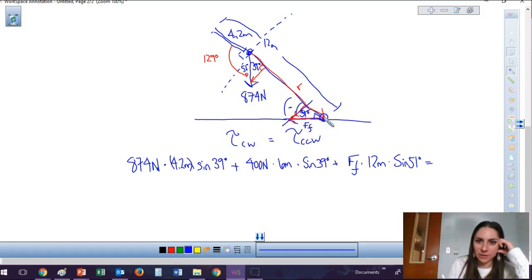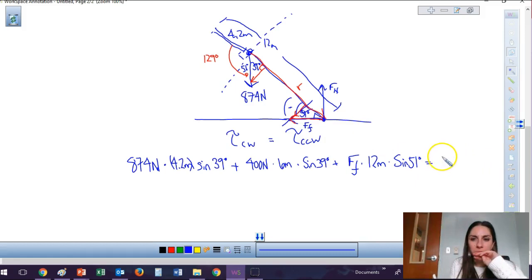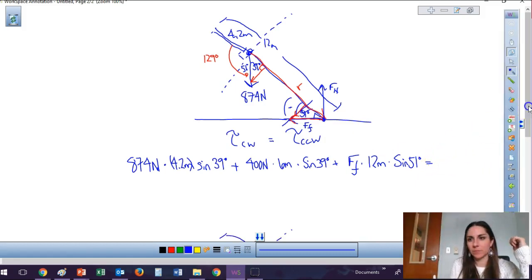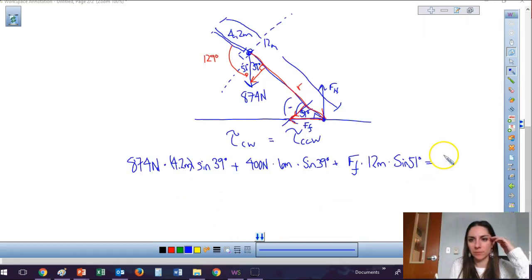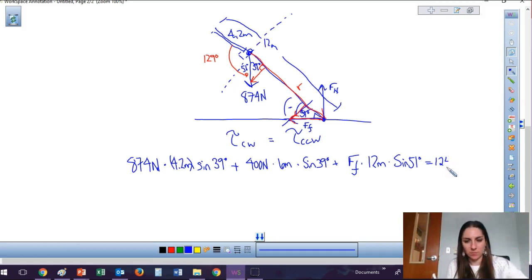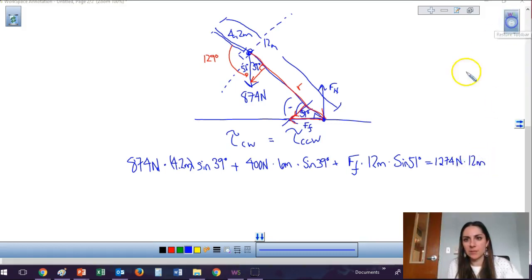Now we have to do the counterclockwise force, which is this one, the normal force, right? We got that from the previous problem, actually. So that is 1274 newtons times its distance away, which is 12 meters, times the angle.